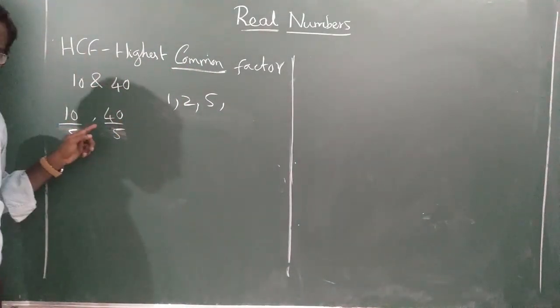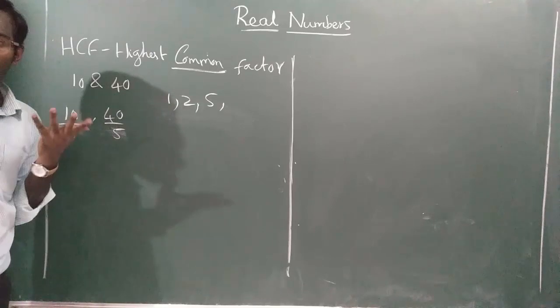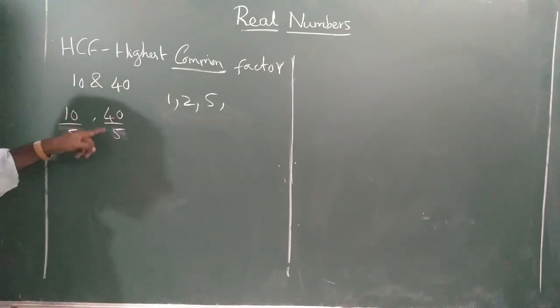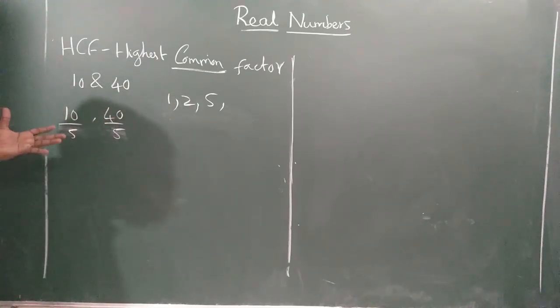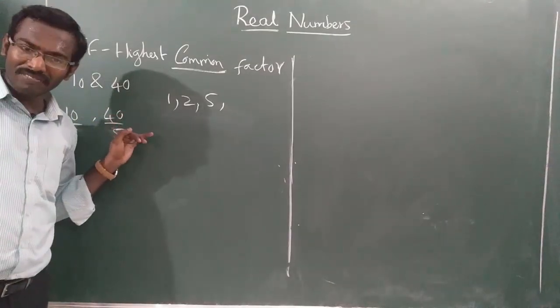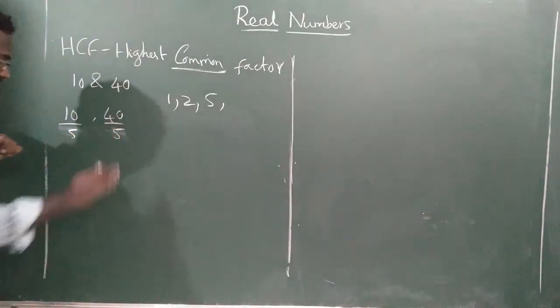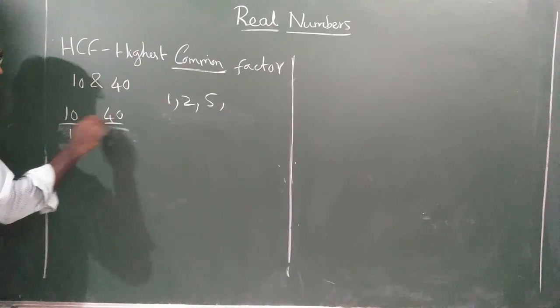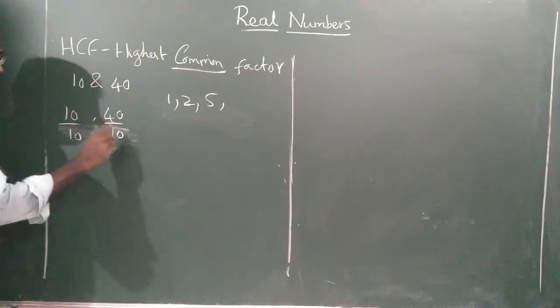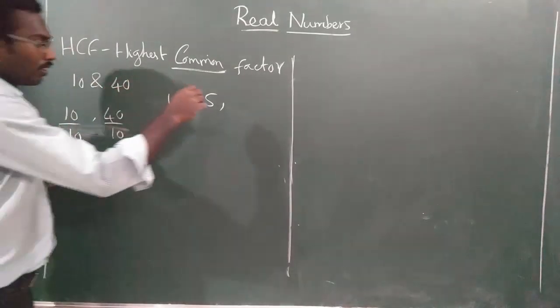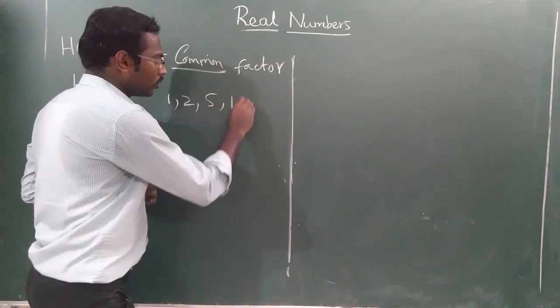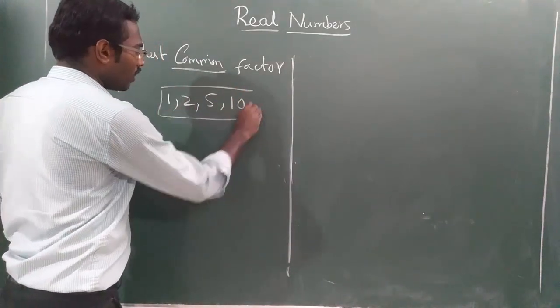Then what about 6? No. What about 7? No. What about 8? 40 is divisible by 8, but 10 is not. What about 9? No. What about 10? Yes, 10 is divisible by 10, 10 by 10 is 1, and 40 is divisible by 10, 40 by 10 is 4. So 10. Any other numbers?